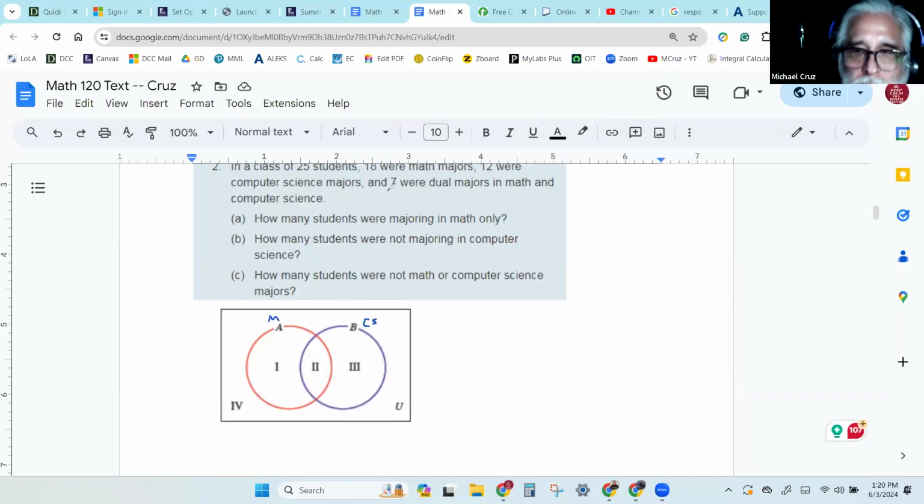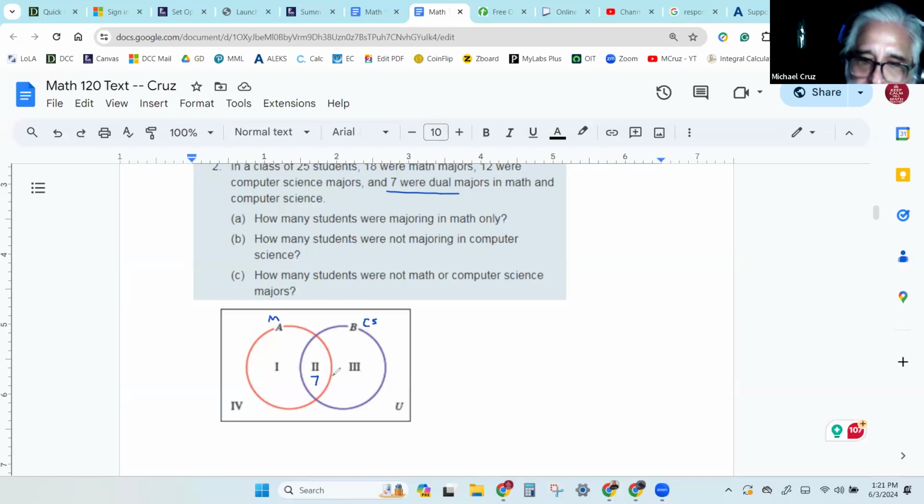All right, so we've got the first information. It says 7 were dual majors. That's the ones that are in both. So we're going to put a 7 there. Now, as we go out and fill out these things, we got to subtract. 12 were computer science majors.